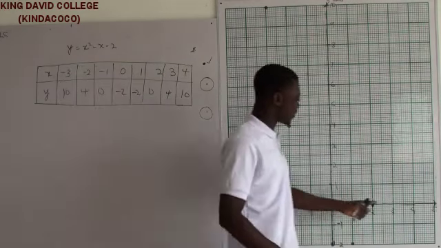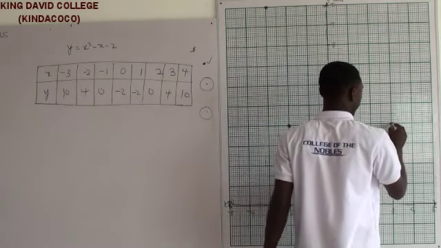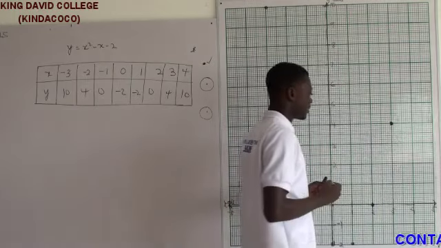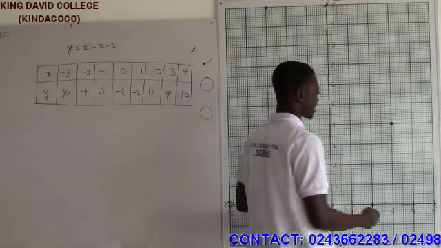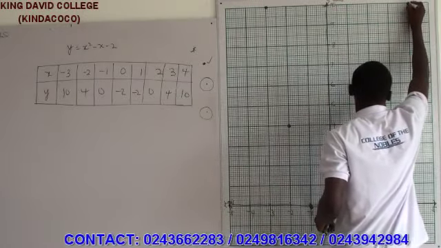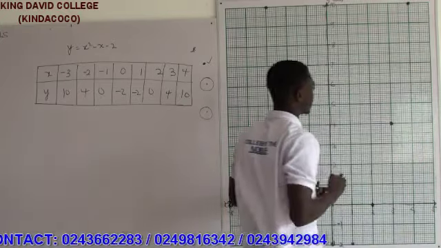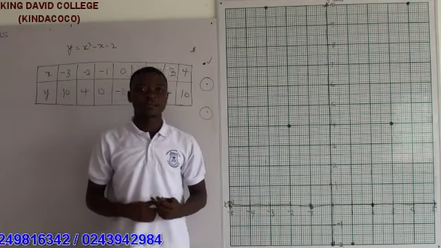So when x is 3, y is still 4. So 4 here. Very good. And then finally when x is 4, y is 10. So when x is 4, y is 10. Over here. Good. So with this, we have a very nice plot here.